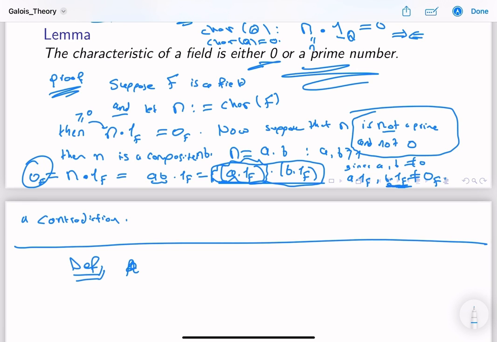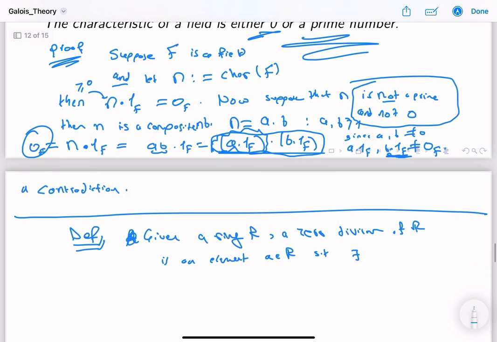Given a ring R, a zero divisor of R is an element A of R such that there exists B in R such that A dot B is equal to 0, and A is not 0 itself, and also B is not 0.